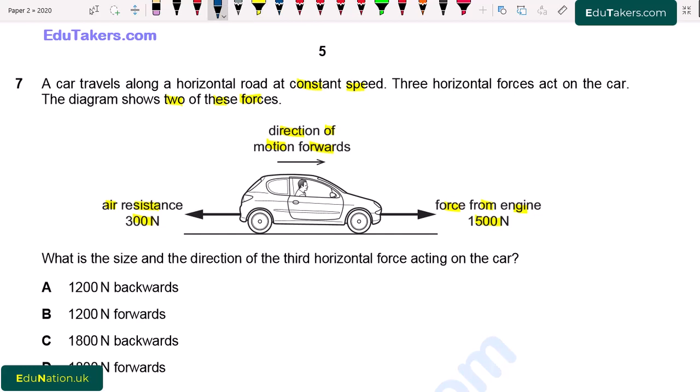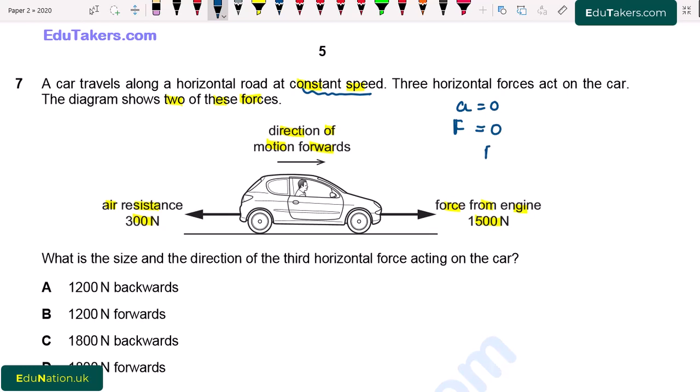First of all, it is given that the car travels at the constant speed. Constant speed means that its acceleration is equal to 0. So when acceleration is equal to 0, sum of all the forces acting on this will be equal to 0, which means that the forward forces will be equal to the backward forces.